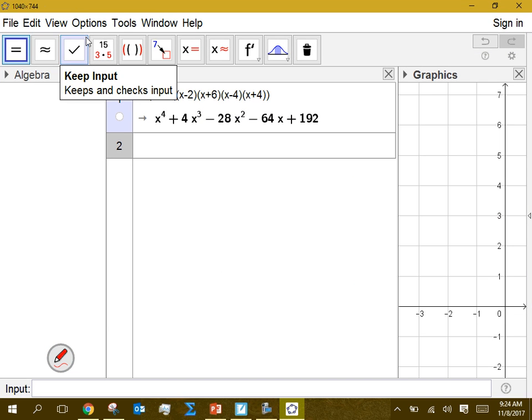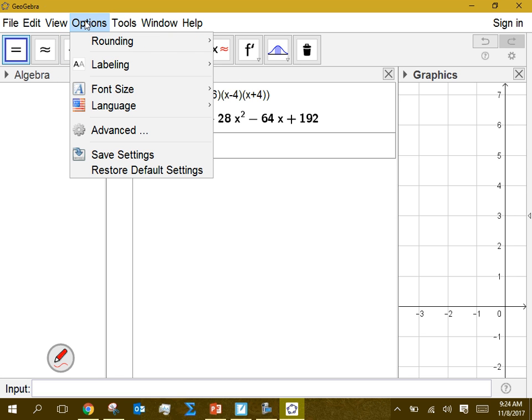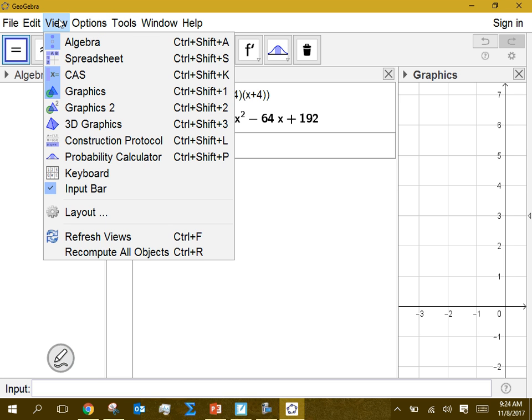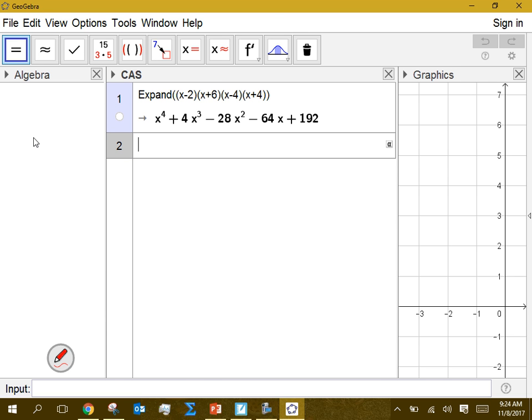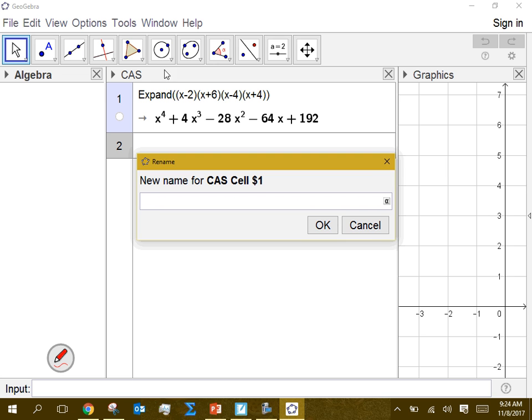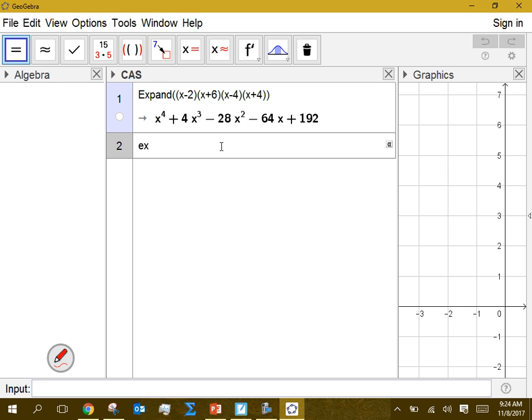Hopefully maybe some of you have downloaded GeoGebra. It's free, GeoGebra.org. If you go to GeoGebra, go to View and go down to CAS. This is much more powerful than your calculator. Your calculator can't multiply those out. This is an algebra solving system. I can type in the phrase expand, and it asks for an expression, so I'm going to type in x minus 5, x, was it minus 3?